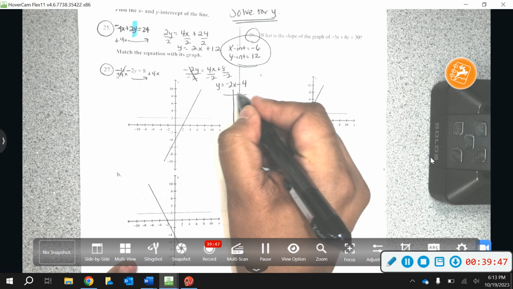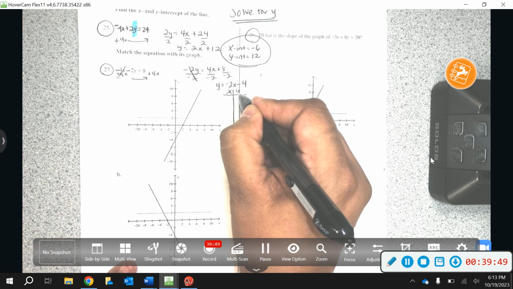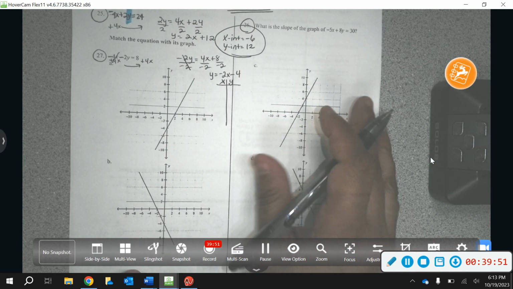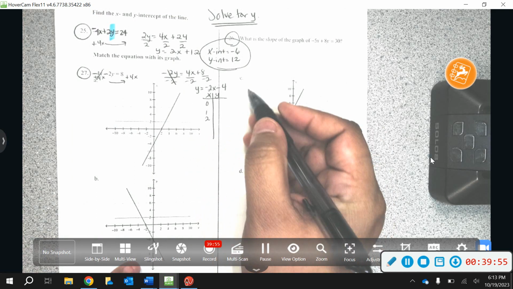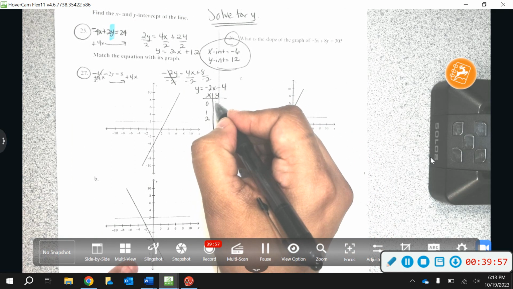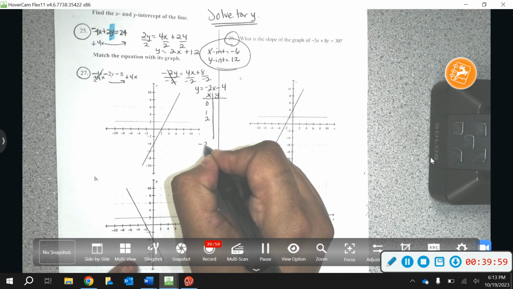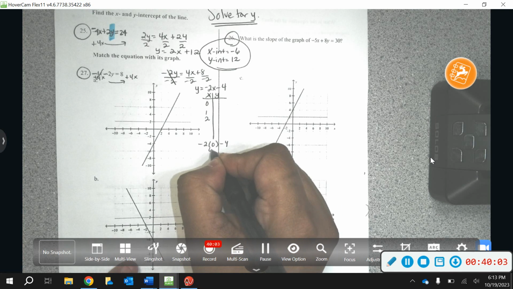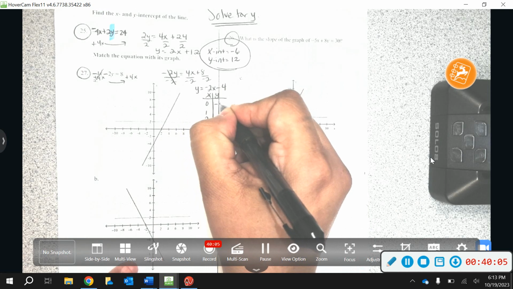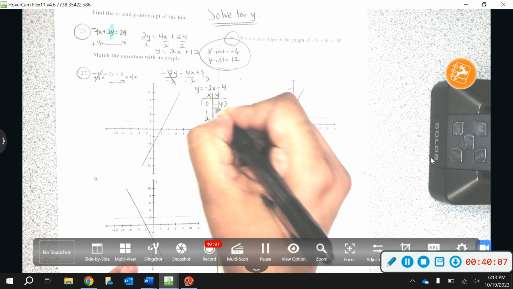Giving my xy table, and plugging in some points. We got 0, 1, and 2. Let's see what that gives me. Negative 2 times 0 minus 4. Well, that's 0. 0 minus 4 is negative 4. So I'm going to plot my 0, negative 4.